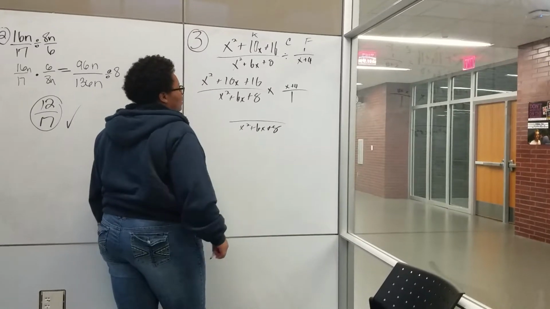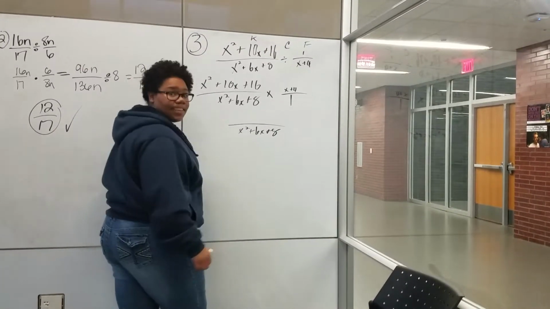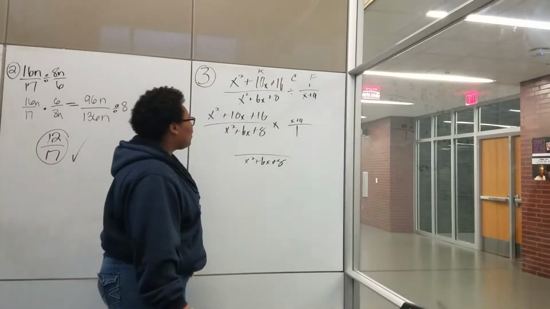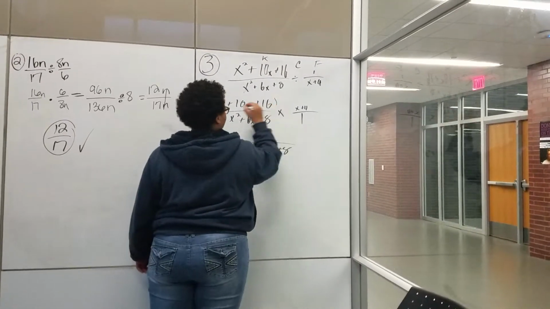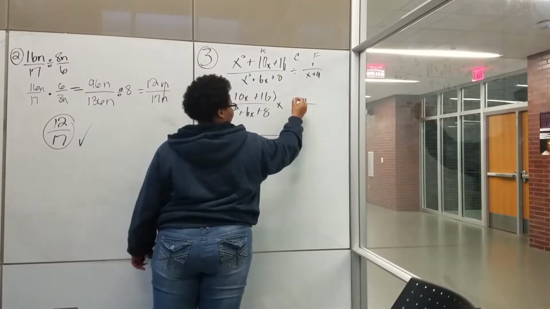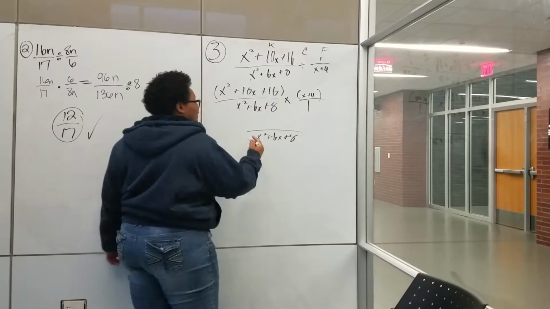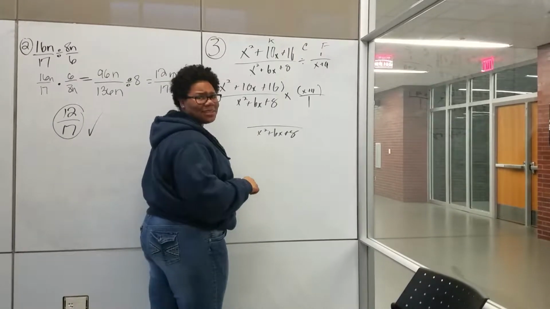And then, this one's going to be tough. So, we multiply this times these. Okay. x squared times x is x cubed.